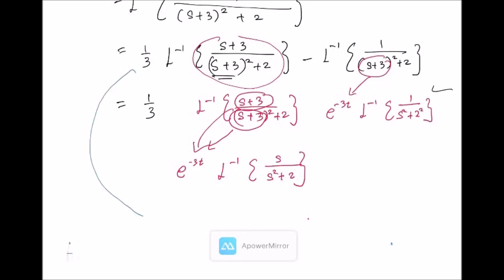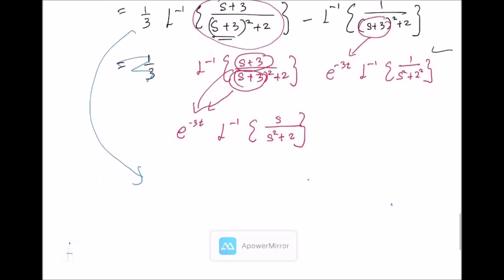So I write it down here. This is 1 over 3, and then exponent negative 3t inverse Laplace of s over s squared plus 2, minus exponent negative 3t inverse 1 over s squared plus 2.